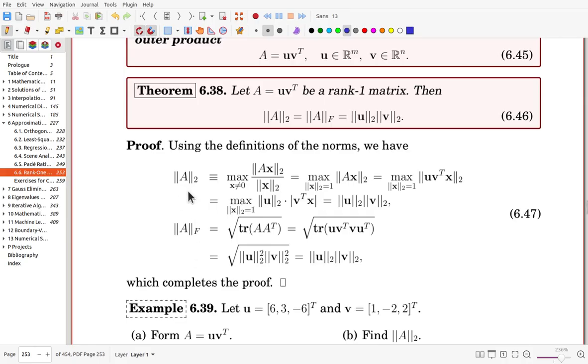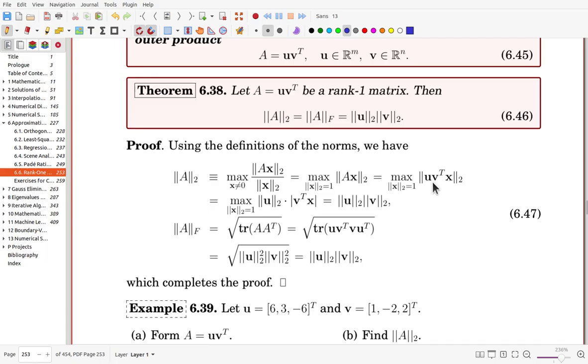The matrix 2 norm is by definition this term, the quotient with x non-zero and vector 2 norm, and is maximized. It can be written in this way, and so once A is replaced by U V transpose, we arrive at this one.